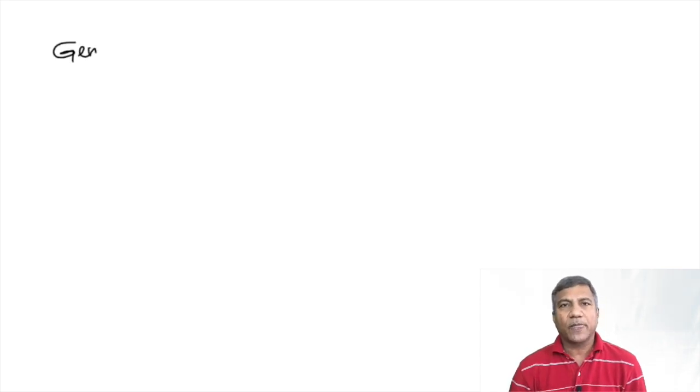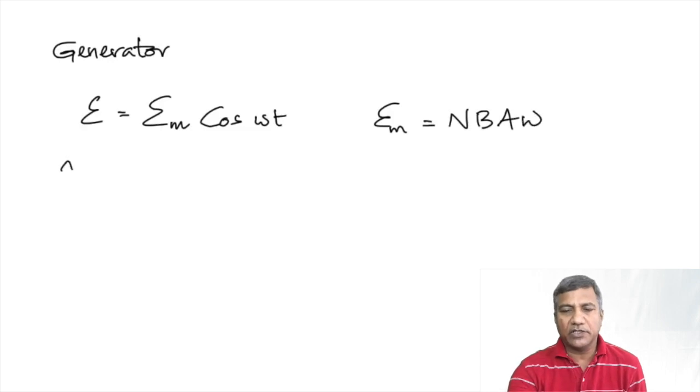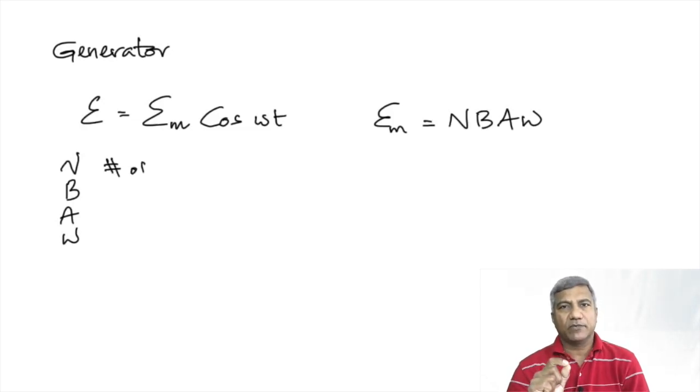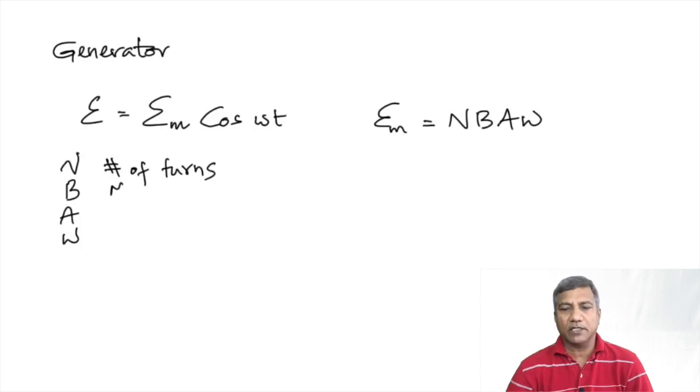So just remember, in the case of a generator, what we have is a coil rotating in a magnetic field. Now, as we saw before, when that happens, the magnetic flux associated with the coil continuously changes. That induces an EMF. That induced EMF is given by Em cosine omega t, where Em is the maximum voltage, and that maximum voltage is NBA omega.